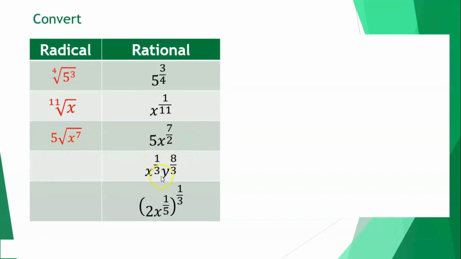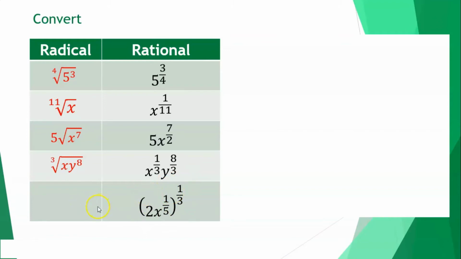Take note. Next, this one is 1 over 3 and 8 over 3. So take note, both of them, the denominator is 3. So therefore, our index here will be 3, then x to the power of 1, and y to the power of 8. Next, this one, we have here an exponent raised further to another exponent. So it's a power rule.